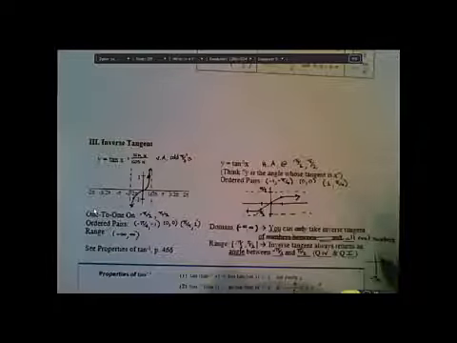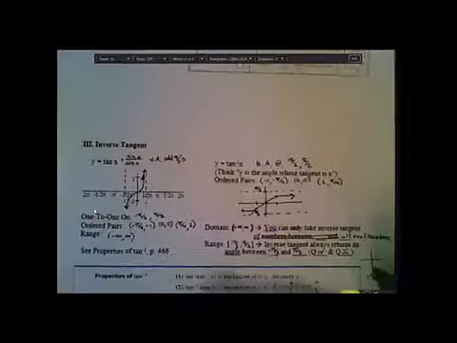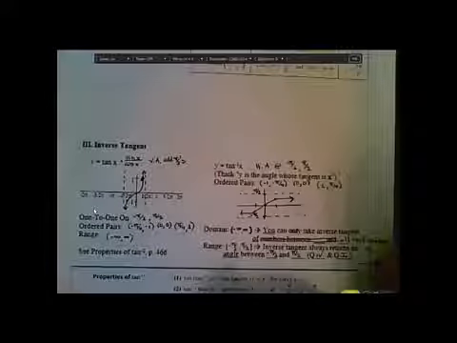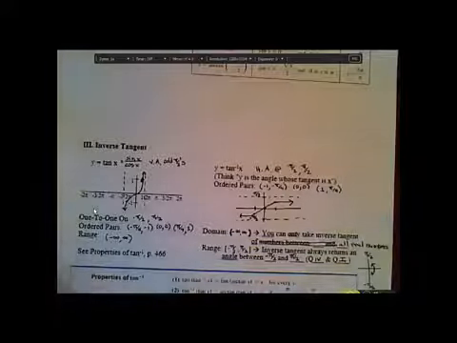We're just labeling 3/2 pi by another name, negative pi over 2 to positive pi over 2. Inverse tangent always gives us an answer in that range.